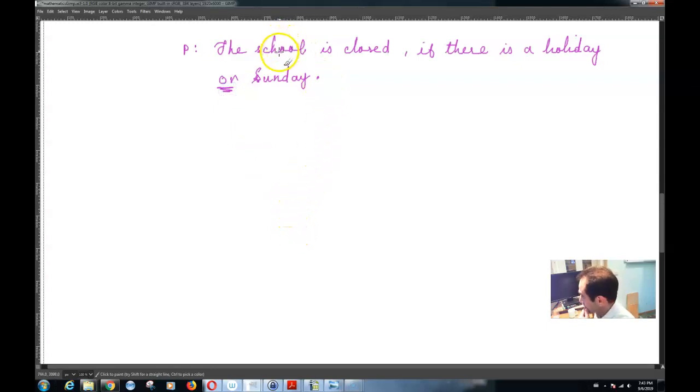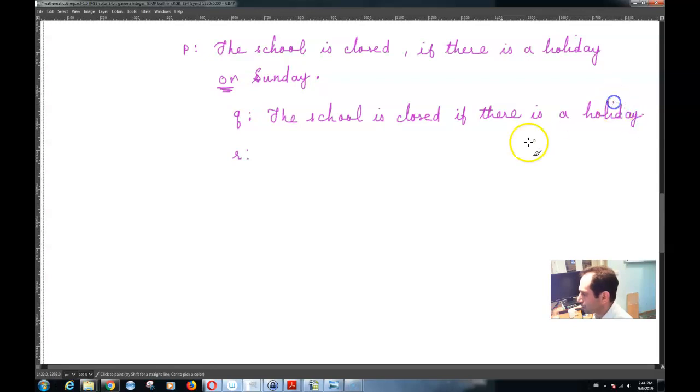The component statements related to this compound statement, if you call them Q and R, would be: the school is closed if there is a holiday, and the school is closed if there is a Sunday.